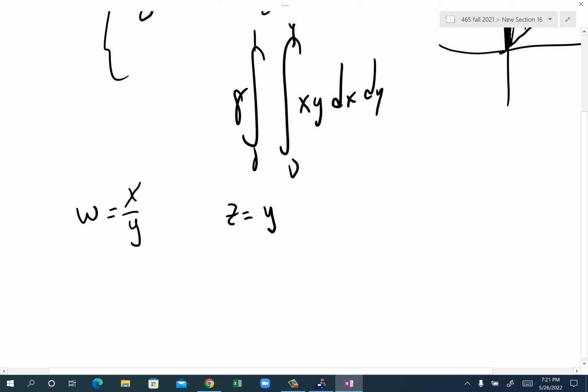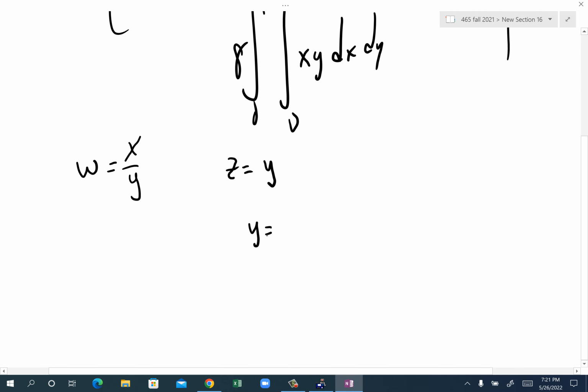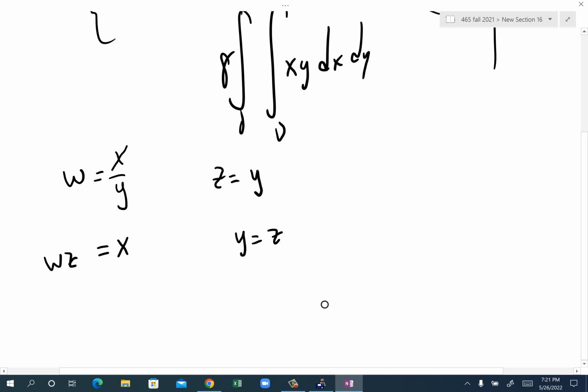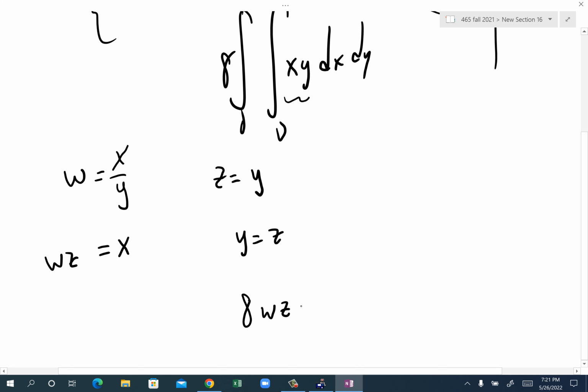Nice. So if you look at it, obviously y equals z. And so that means x is equal to w times z, right? That was easy money. So I'm going to have 8, and then x, y, done. This right here is my substitution, yes? That's going to be weird because obviously you've got y times z.